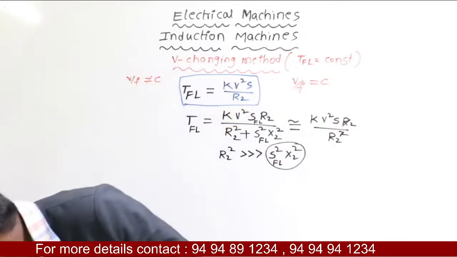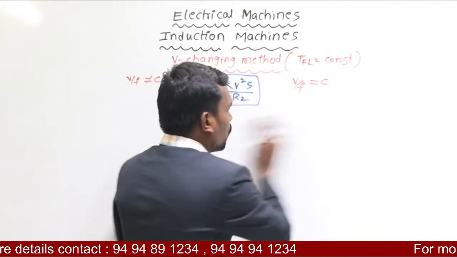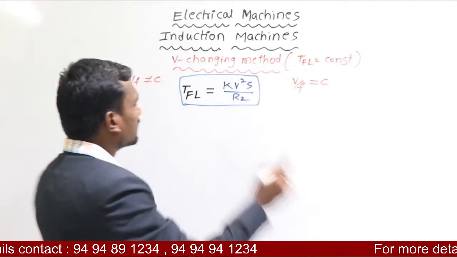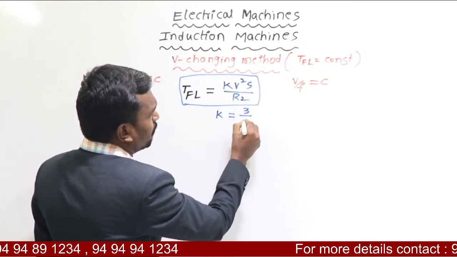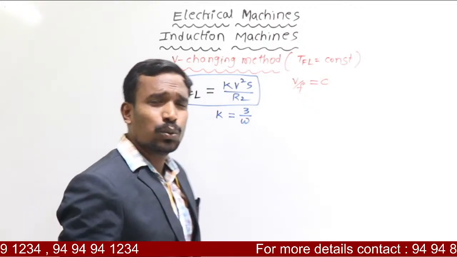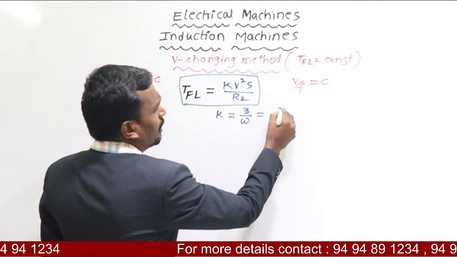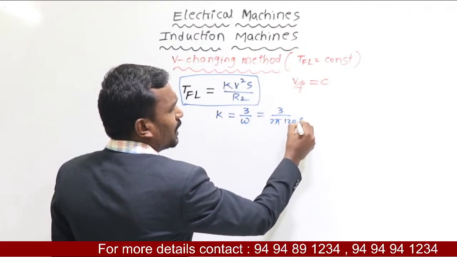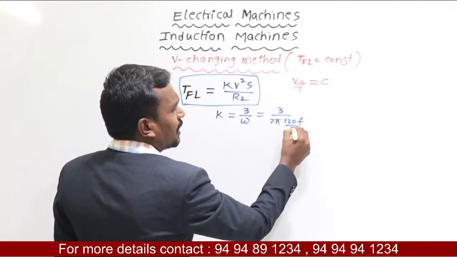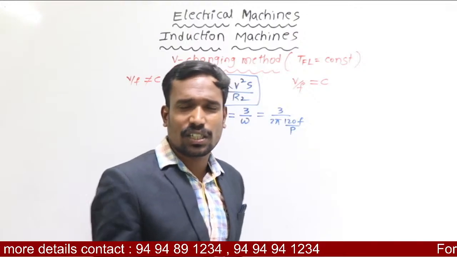Right, sir. So let's go for that. What is K here? K is equal to the constant 3 by omega, nothing but 3 by 2 pi Ns, where Ns is 120 F by P, or Ns by 60, whatever it may be.